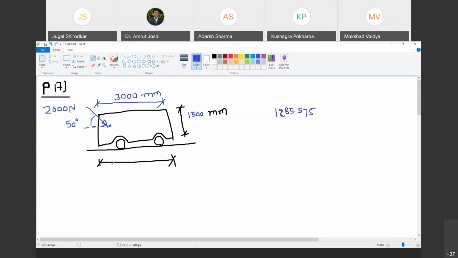Just give me a minute. Are you able to see this? 600 Newton?